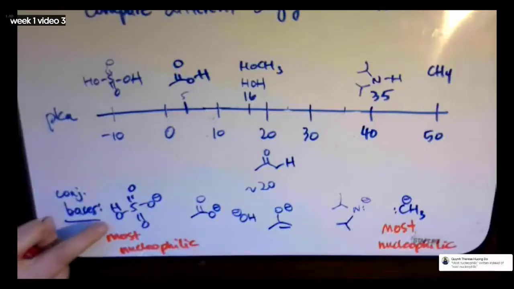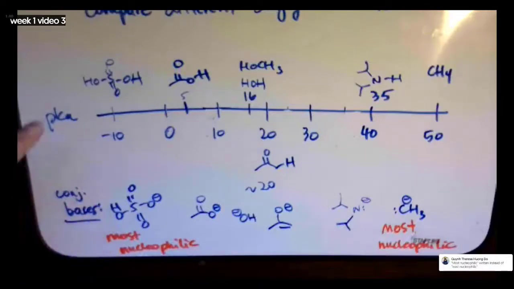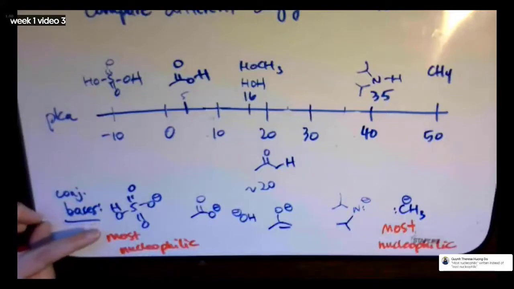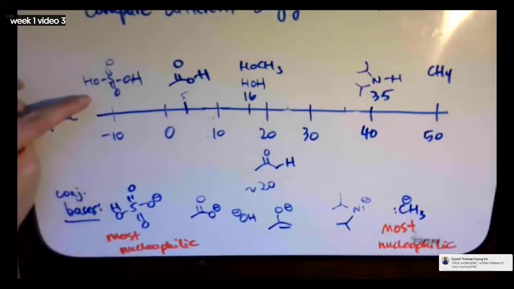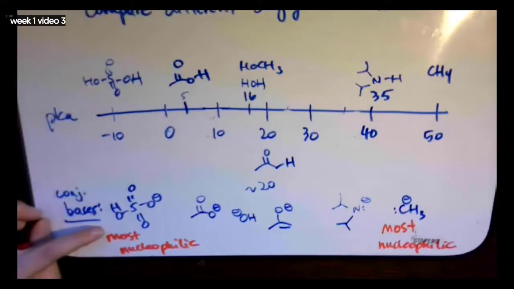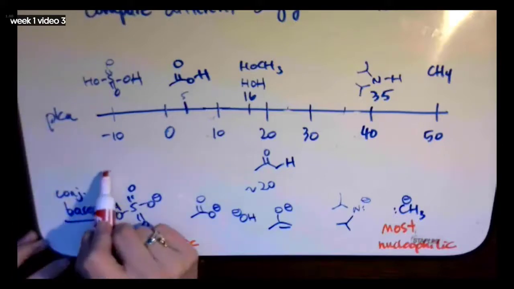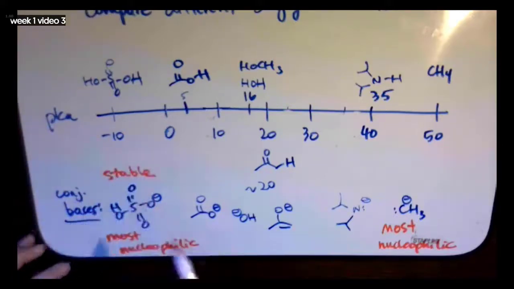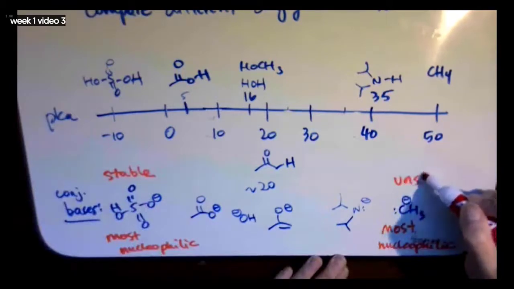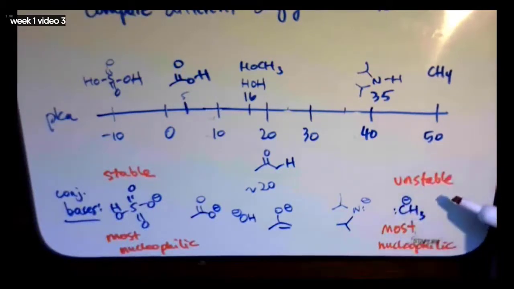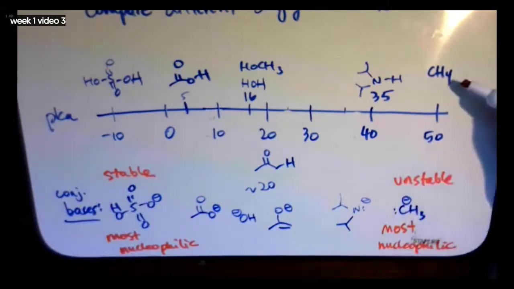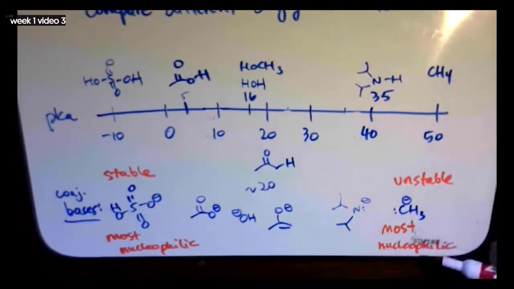This is a great stable anion, which is why sulfuric acid is such a strong acid, because the conjugate base is so stable. The carbanion, on the other hand, is really unstable, which is why the conjugate acid is such a poor acid. It's unstable, which makes it really nucleophilic. It wants to give up those electrons and give them to something else, right?